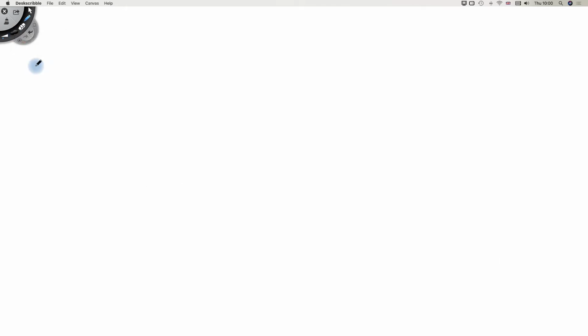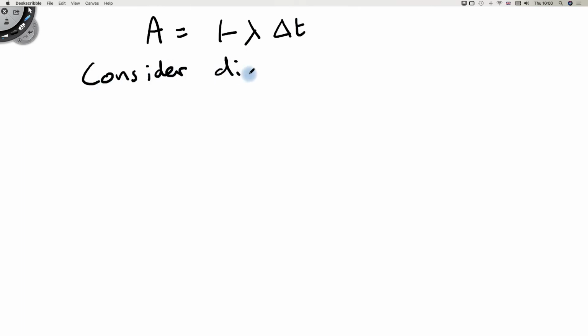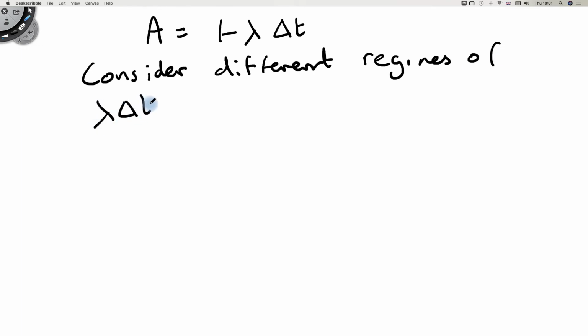Okay, so let's go back to that. A is 1 minus lambda delta t. So what we now do is consider different regimes of the quantity lambda delta t. This could be because of different things.